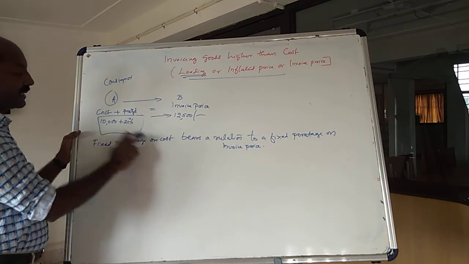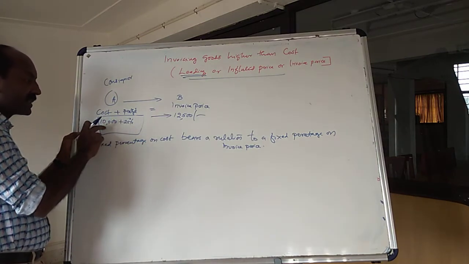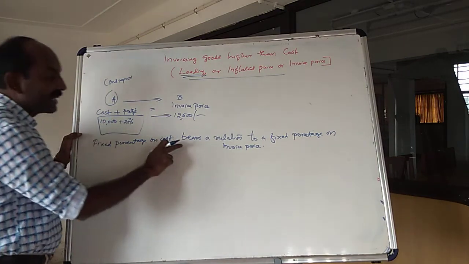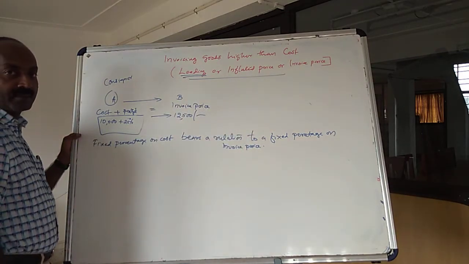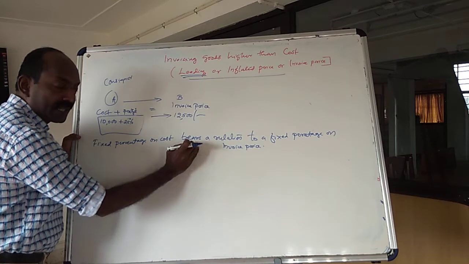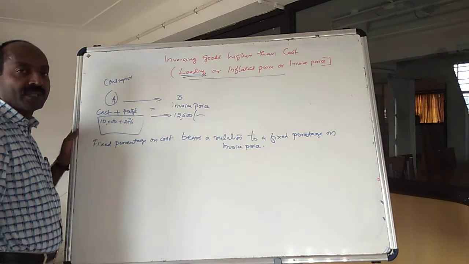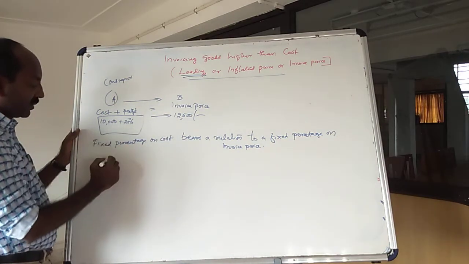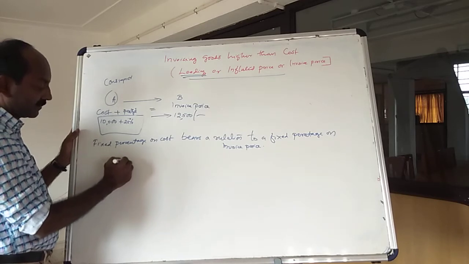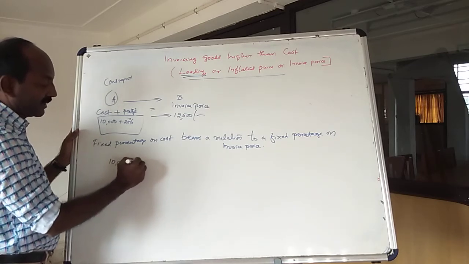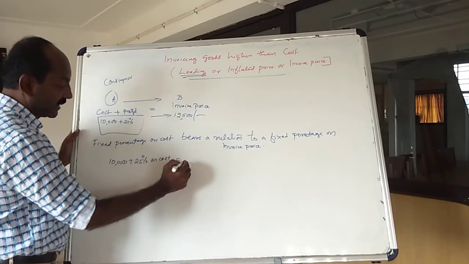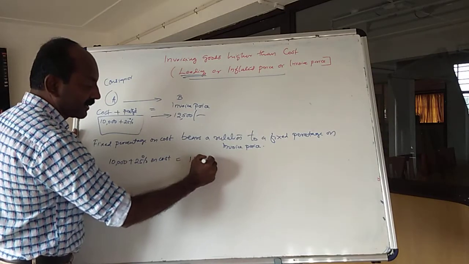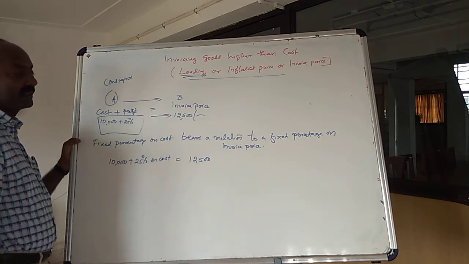A fixed percentage on cost, that means 25% on cost, bears a relation to a fixed percentage on invoice price. I will explain this point very clearly. You must understand this point very clearly. So 10,000 plus 25% on cost, how much is it? It is 12,500.